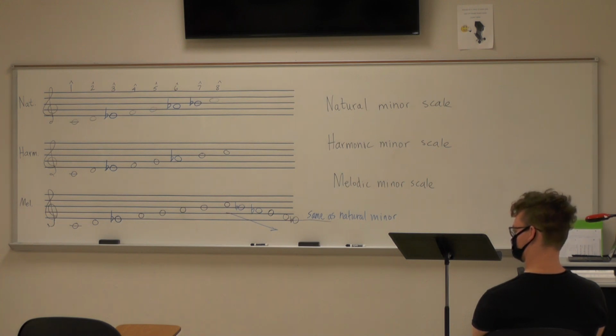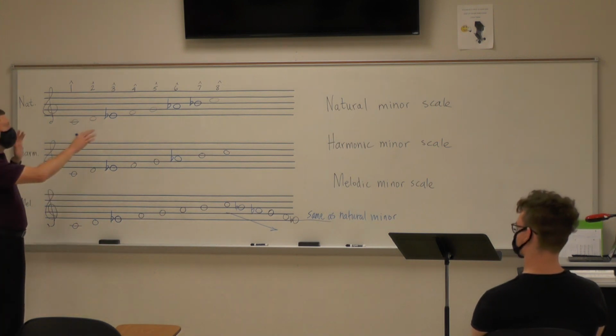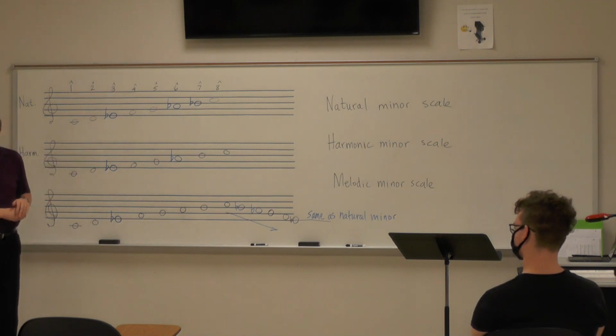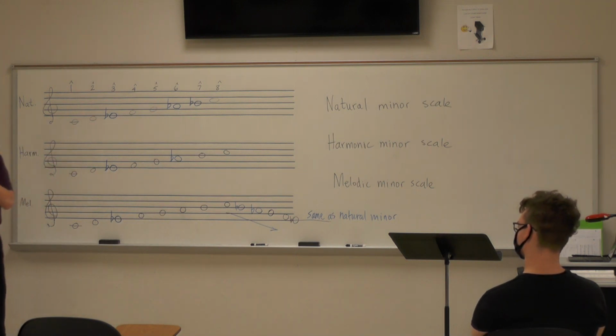I'm not going to have you be counting whole steps and half steps in minor scales. Part of the reason is that since there are three versions, you'd have to remember many different whole step, half step patterns. We're just going to compare these scales to the major scale for now until next week when we finally get to minor key signatures. Then we don't have to do any more comparison. We can just use the key signature to get the right accidentals on the right notes.